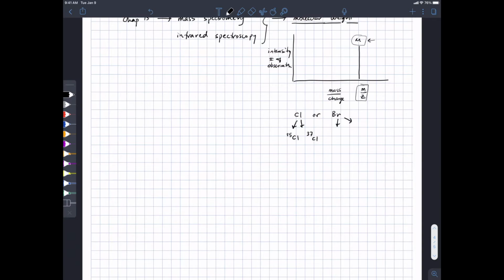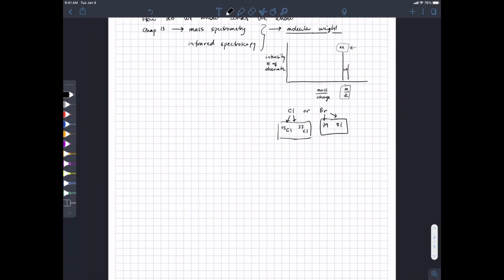I should just look it up. I should know this. Anyway, I believe for bromine it's 79 and 81. The height of those two peaks will depend on the relative abundance. So one of them is 1:1 and the other is like 3:1. And I don't remember which, but that's one thing to pay attention to in the study guide.